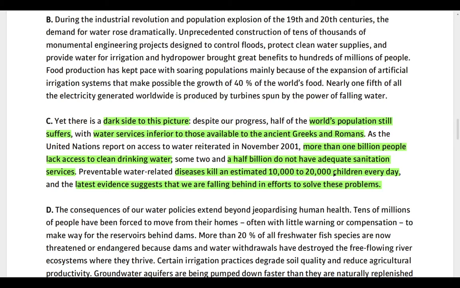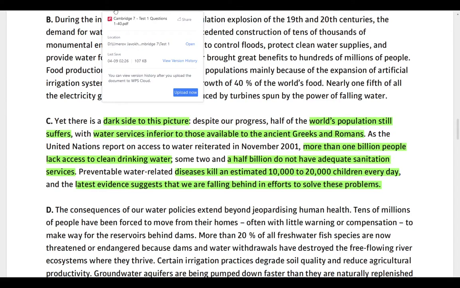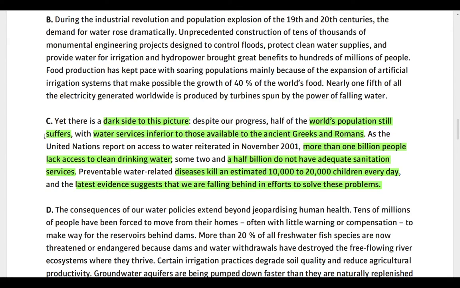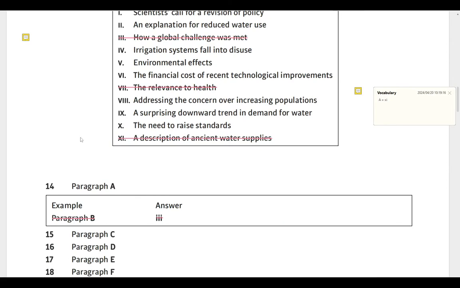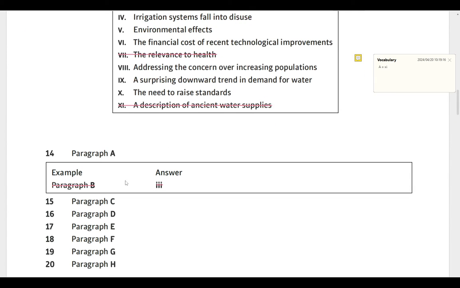A population is a general form of people. However, children are a separate class, meaning they're very young. They're not adults, so they're basically below 18. Many governments also have their own age standards. So yes, paragraph C, we're going to remove paragraph C as well.